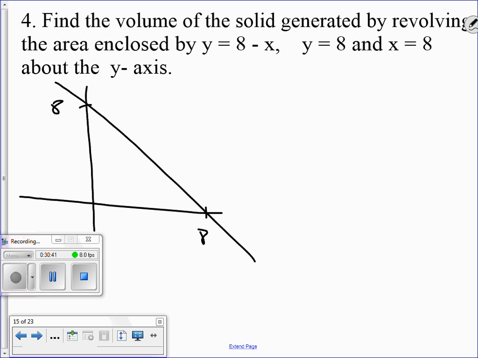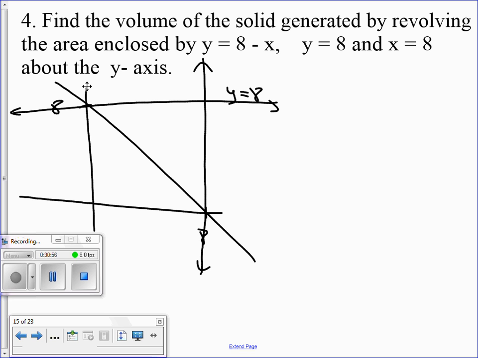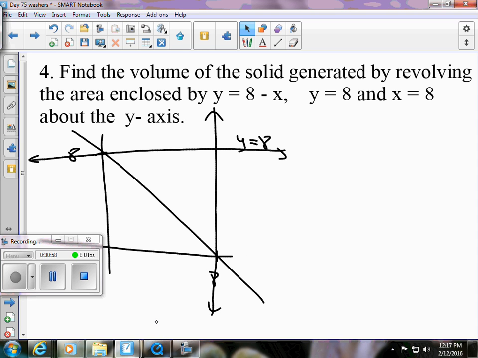It's a line like that, slope of -1, y-intercept of 8. Y equals 8, that's a horizontal line. And x equals 8. So a vertical line. Oh my gosh, do we see the region? Well, the region has to be enclosed by those 3 graphs. Sorry, it's what I chose. I know you don't like it.